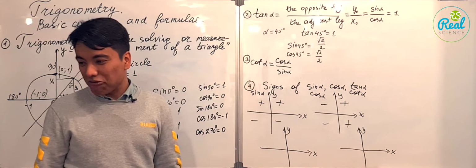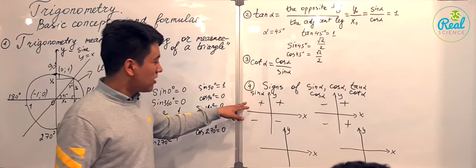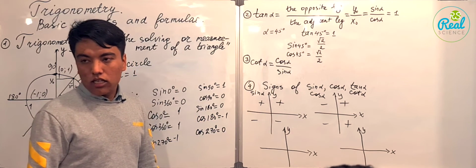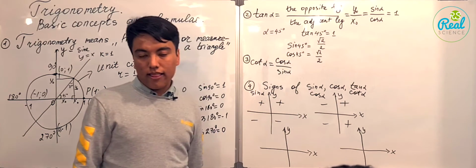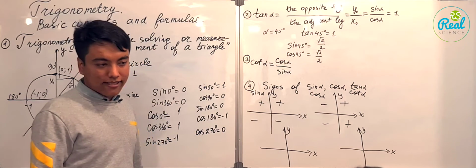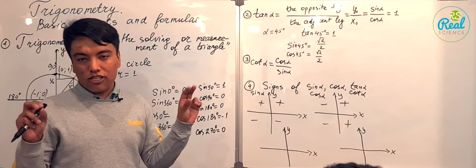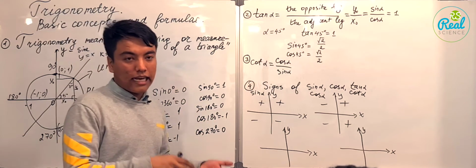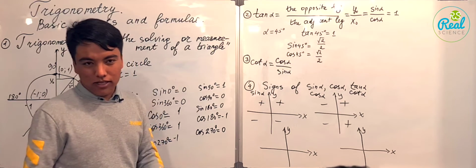Did you understand how to find them? Sine is the y-axis, so we look at the signs of y. Cosine is the x-axis, so we look at the signs of the x-axis. But tangent and cotangent are actually divisions of them. You know how to divide negative and positive numbers, yeah?